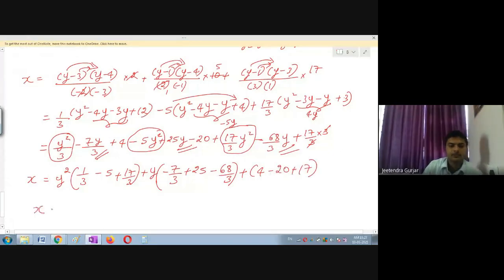Therefore x is equal to, yes students, please tell me. See, I am getting 1 upon 3 minus 5 plus 17 upon 3, okay. This is 1. Are you getting 1?